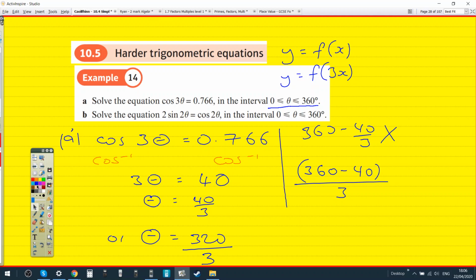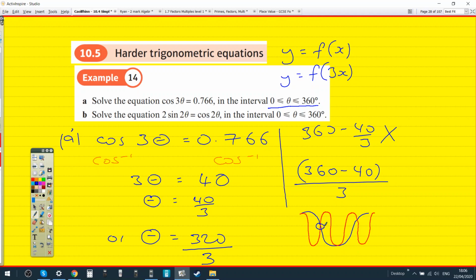What that looks like on a graph. I'll give you the understanding first. This is the cosine graph. Usually it looks like that. If it is stretched by a third, you now have three of those graphs in the same domain, I think you'd call it. So when we find our first answer, let's say it's here, yay.